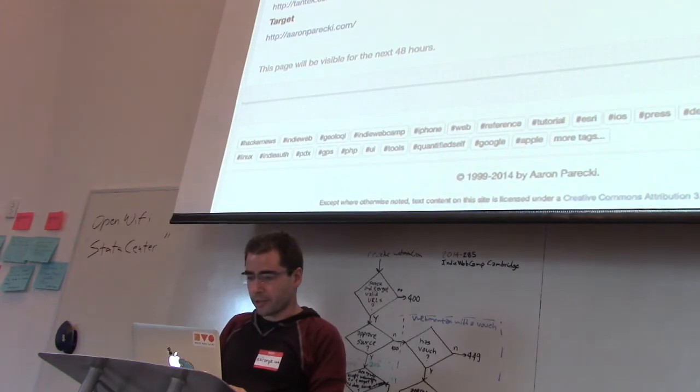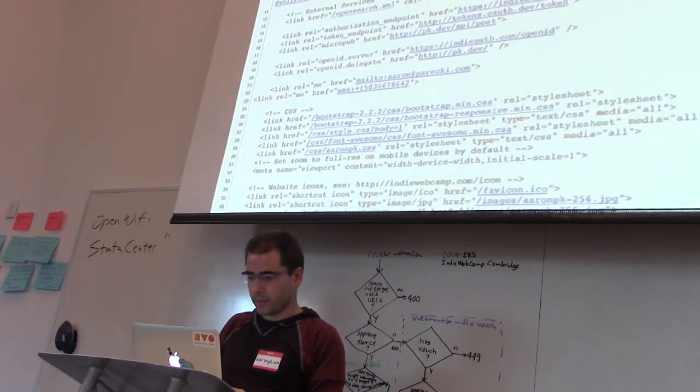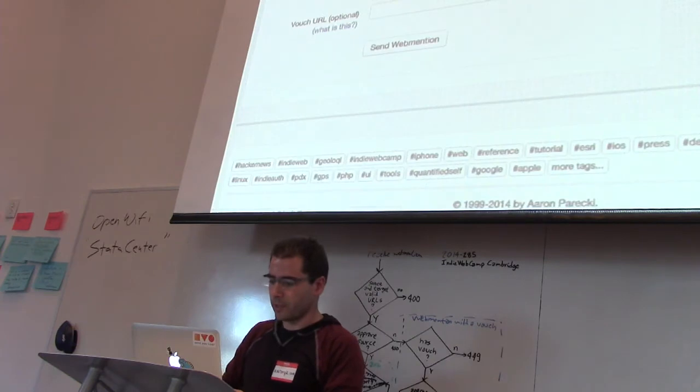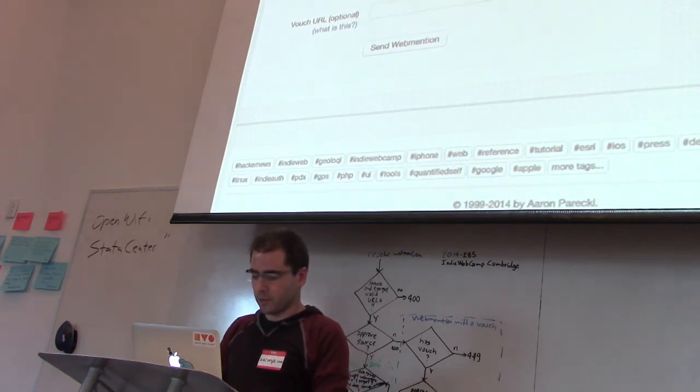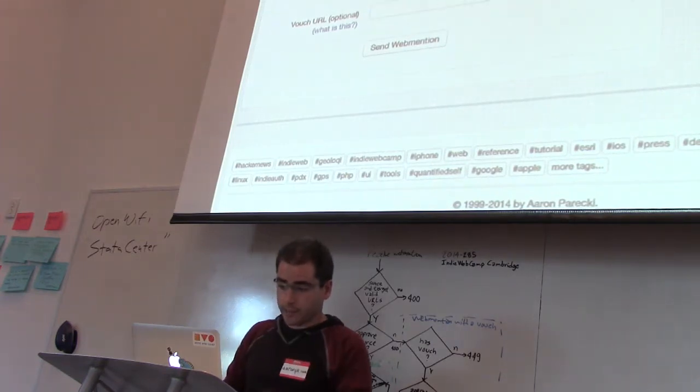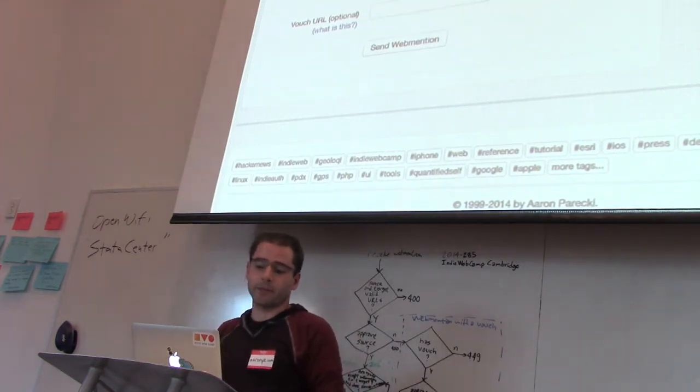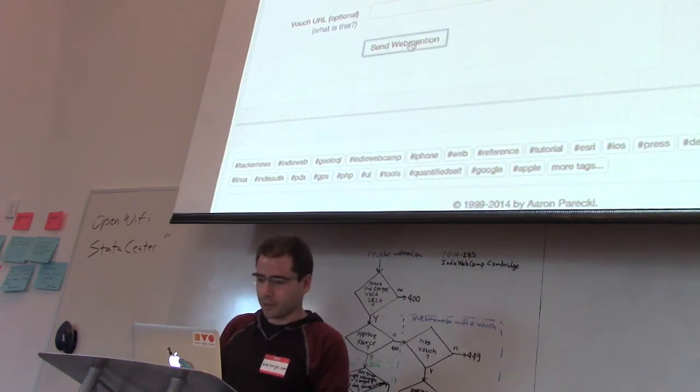So let me do the same thing now from something else. So go back to my web mention endpoint. And random guy says, hey, here's a web mention. It sends the web mention.